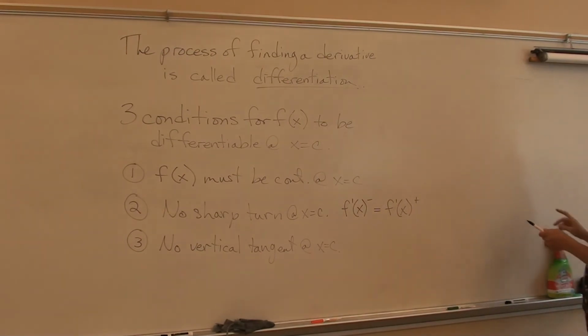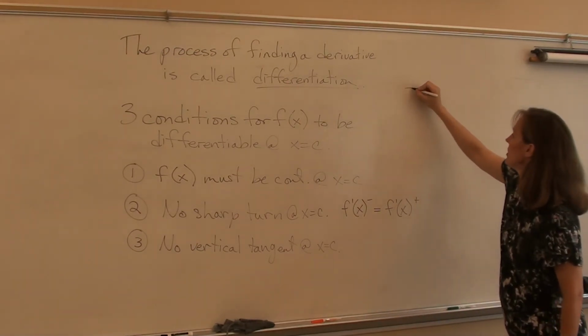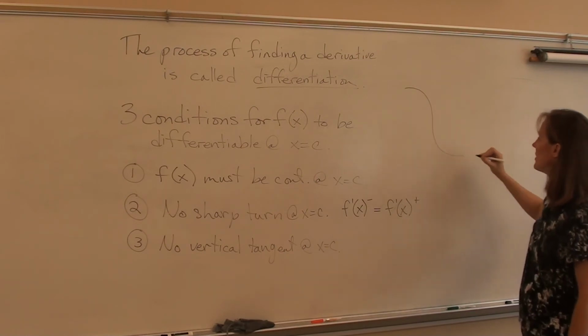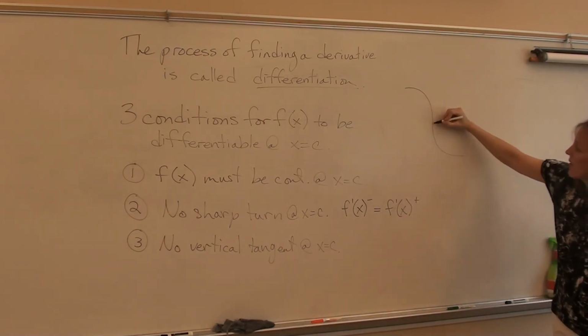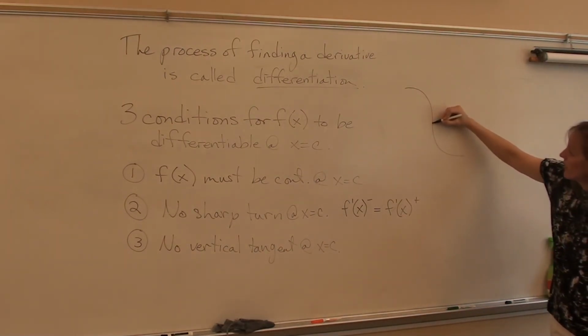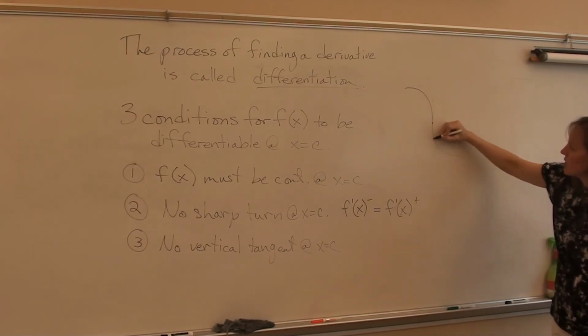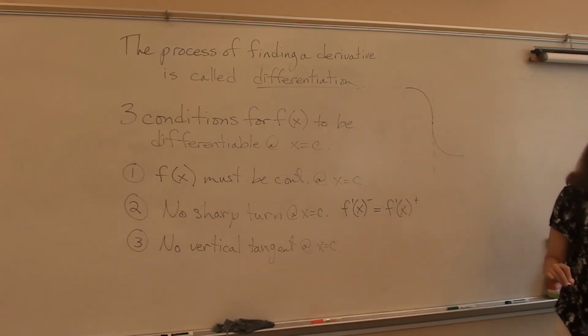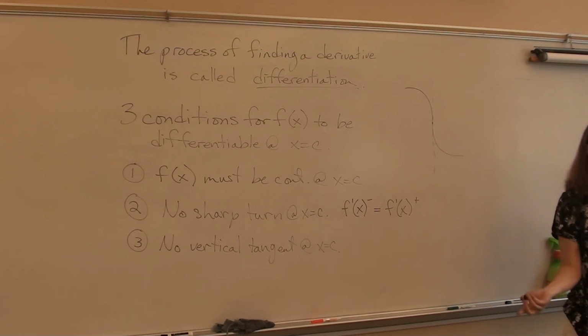If you have a function that comes along and then goes on like that, where you have this one little dot right here, and the tangent there goes vertical. What is the slope of a vertical line? Infinity. Or in other words, undefined, right?